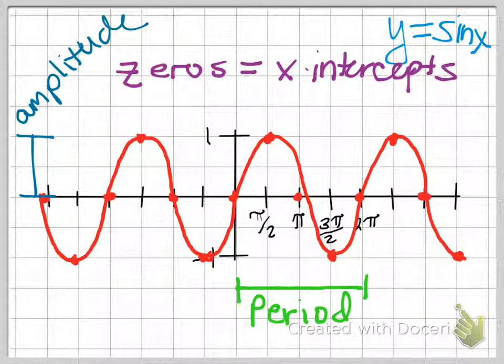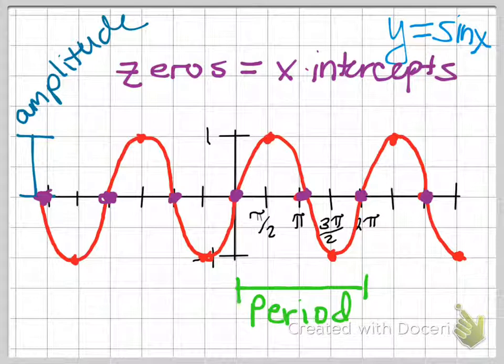Looking at my graph, I notice it crosses the x-axis there, here, here, here, there, here, and here. I'm going to see if there's a pattern. To me, it looks like there's the same distance in between all of these zeros or x-intercepts.